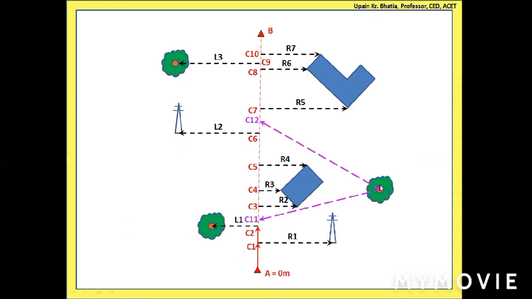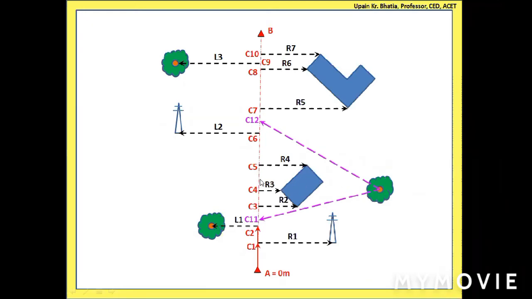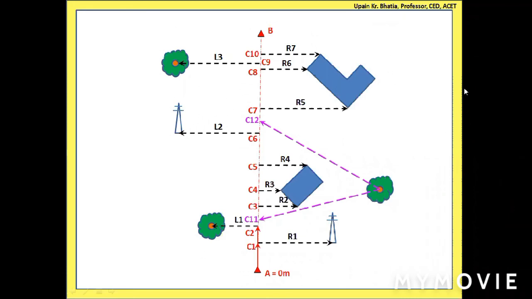Similarly, if this is your point P, you have an obstruction in between. You cannot draw a perpendicular, and you cannot find from where the perpendicular will reach this tree. Then you have to go for two observations at C11 and C12. So this is how we take the observations.